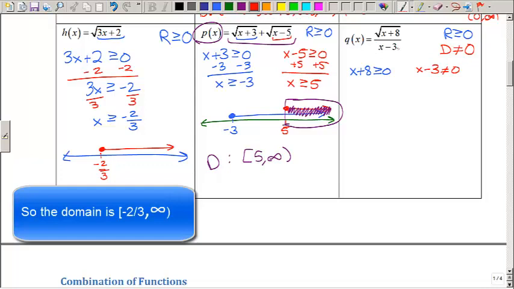So the denominator will include anybody except where that one place is equal to 0. Whereas the numerator is including everybody as long as my radicand is positive or 0. When I solve these, I'm getting x is greater than or equal to negative 8 for my blue part of the function, and x is not equal to 3 for the red part of the function.